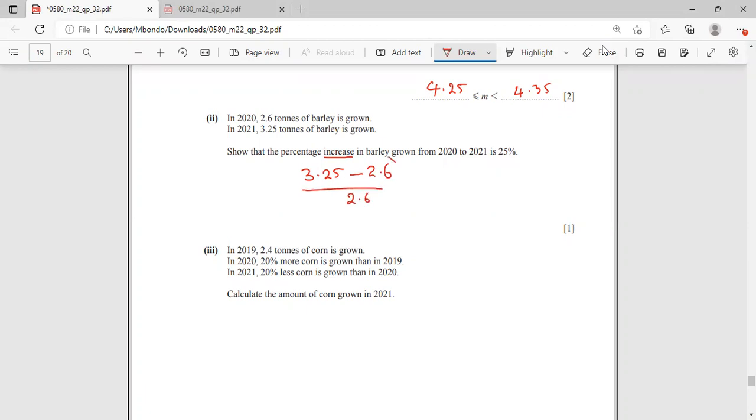Then we say multiplied by 100%. This is going to give us 25%.